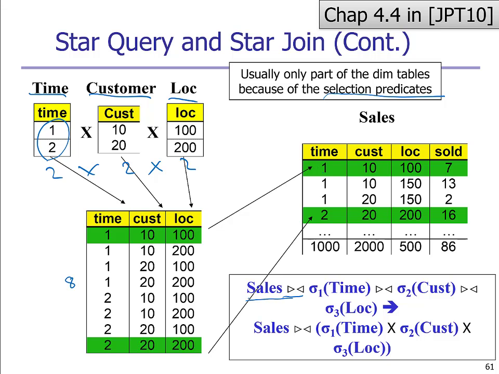Right, so we use sales, which is the fact table, perform the join with time, of course, under the condition of this selection, and then perform the join with customer, and then perform the join with location. But currently, we just do the cross join of these 3 tables with the selection predicates, and then we perform a join between sales and this new table.